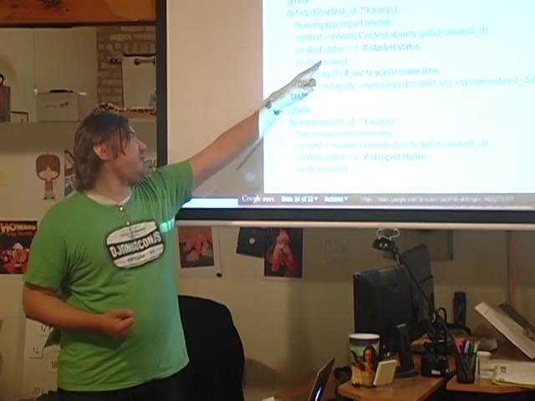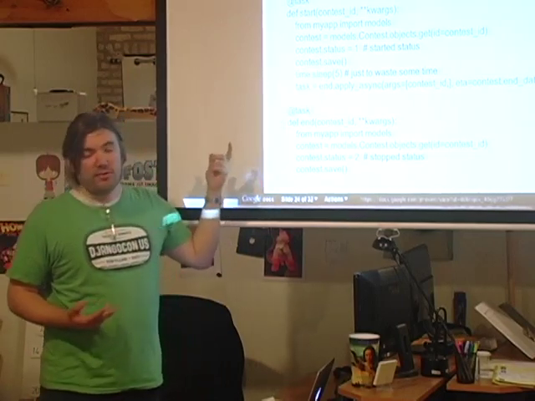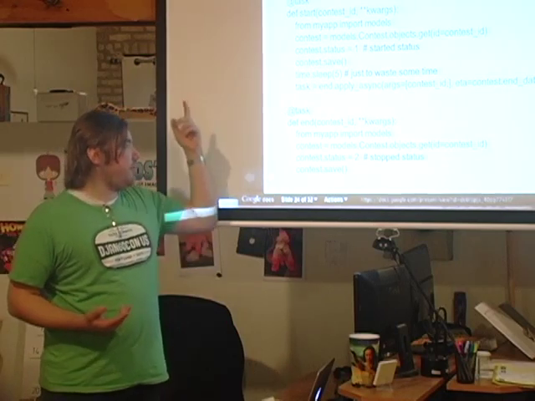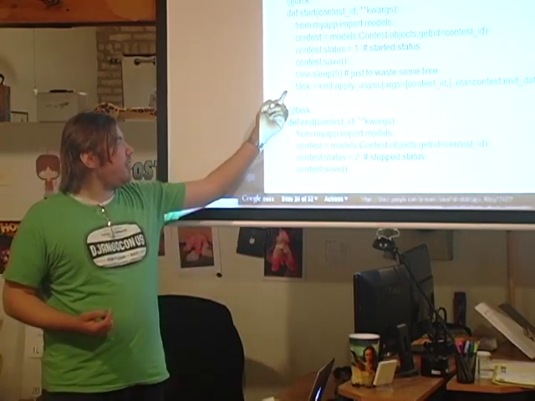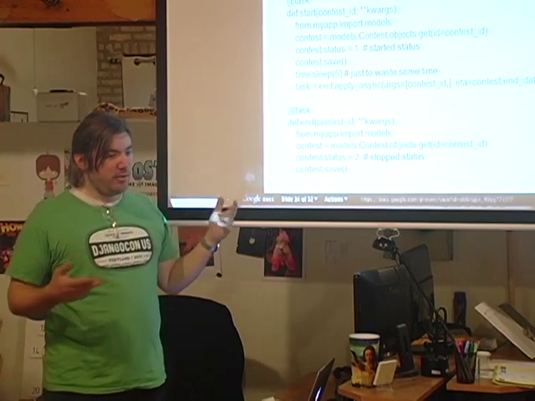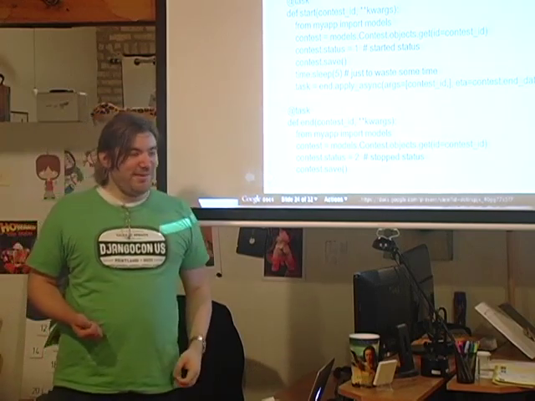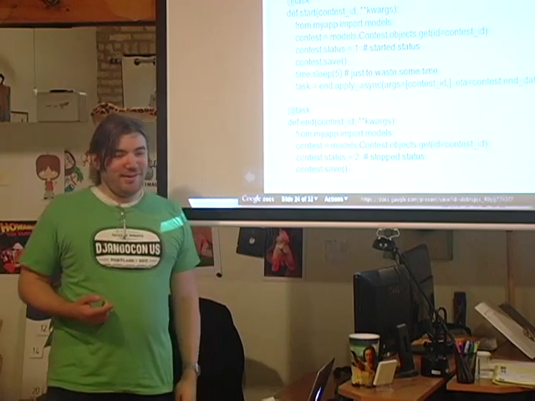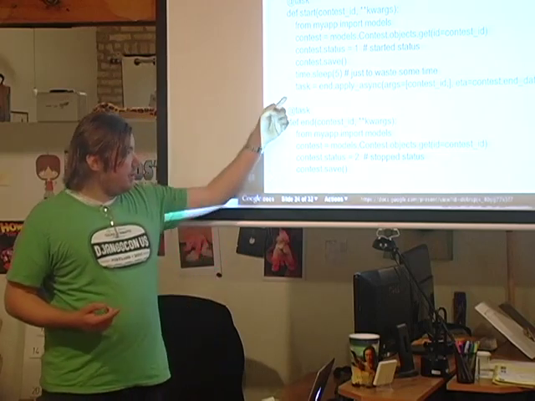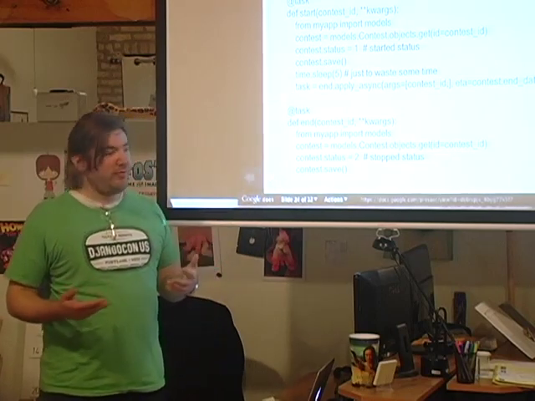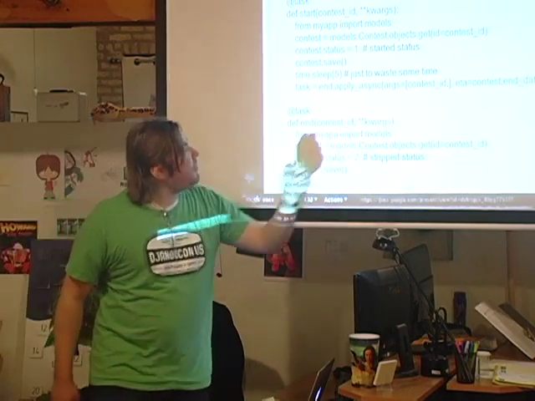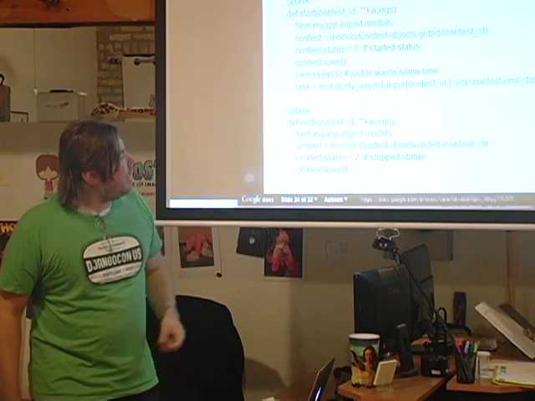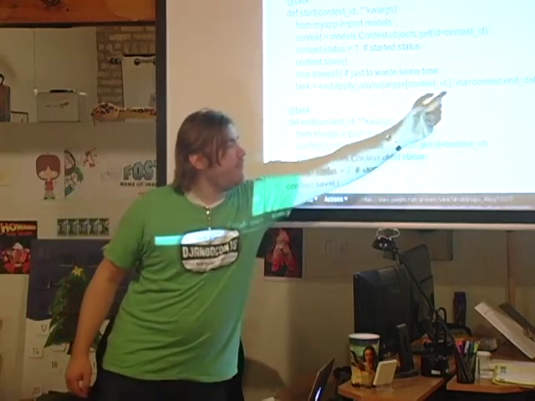Then I'm going to set the status to 1, since it defaults to 0, because that's what our model definition said. I'm going to save it, and then I just sleep to make it look cool, like it's doing something. Here I was going to do something fancy and kick off another task to start at the end date of the contest.